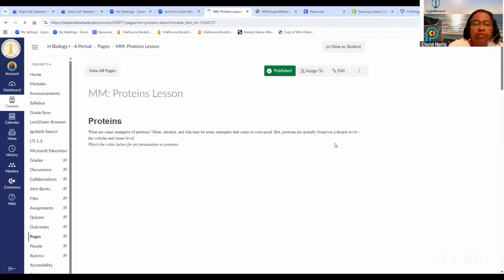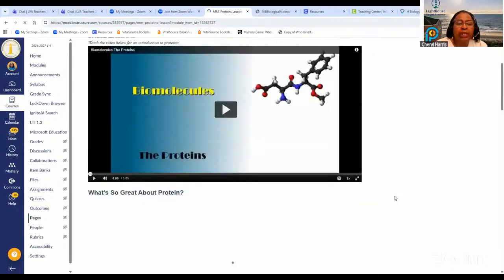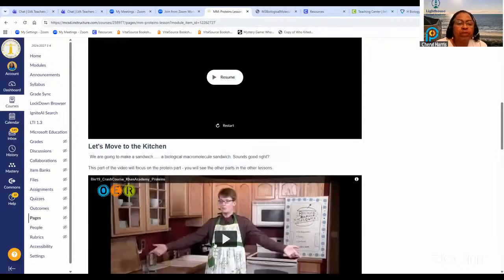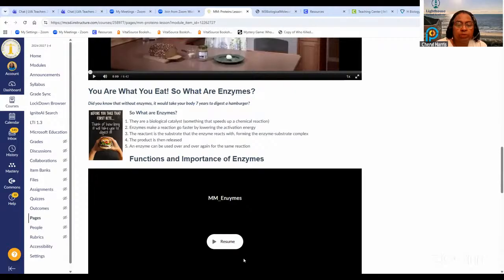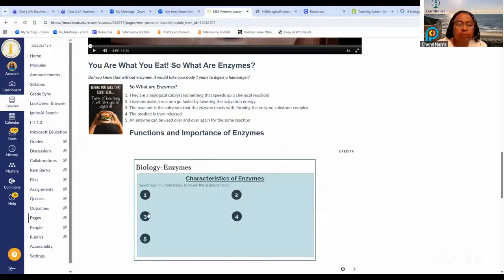Catalysts are found in everything. So again, we're talking about organic molecules and inorganic molecules. Our enzyme is an organic molecule. Function of enzymes. All right, so that's that first one.